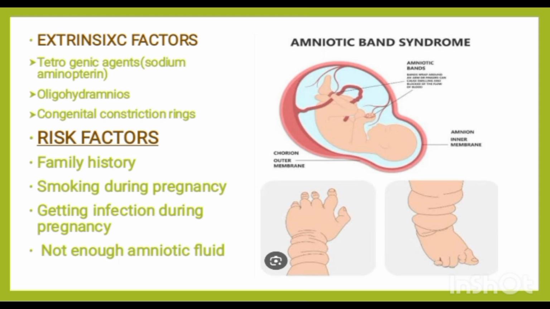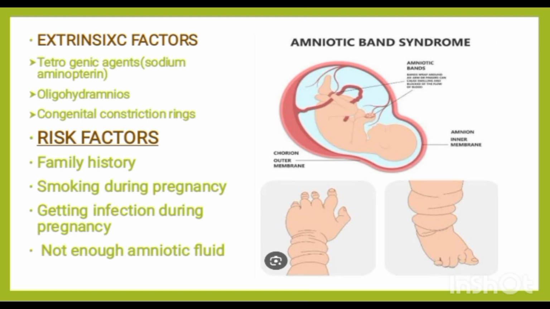This condition is also called amniotic band syndrome, where intrauterine bands and rings are formed at the distal extremities, especially the toes and the fingers. The risk factors involve positive family history, smoking during pregnancy, getting infection during pregnancy, and not enough amniotic fluid, a condition also called oligohydramnios.